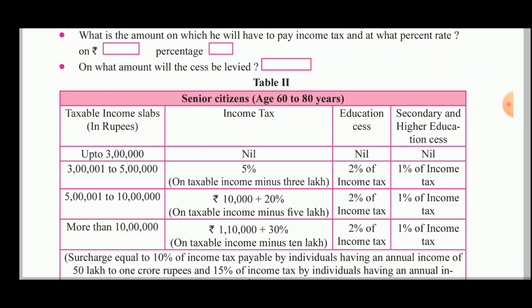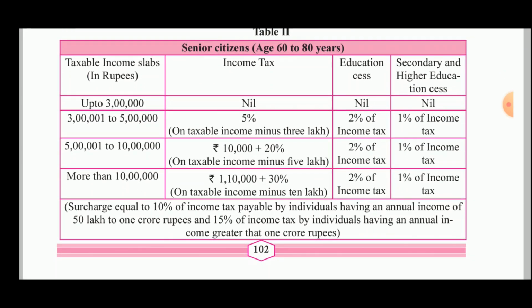Now, this is table 2 for the senior citizens, that is age 60 to 80 years. Taxable income slabs in rupees: up to 3 lakhs, nil, education cess nil, and secondary and higher education cess also nil.